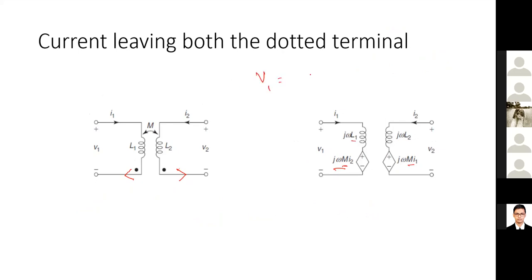V1 will be equal to j omega L1 I1 plus j omega M I2. I cannot find I1 very easily with this kind of circuit. V2 is equal to j omega L2 I2 plus j omega M I1.